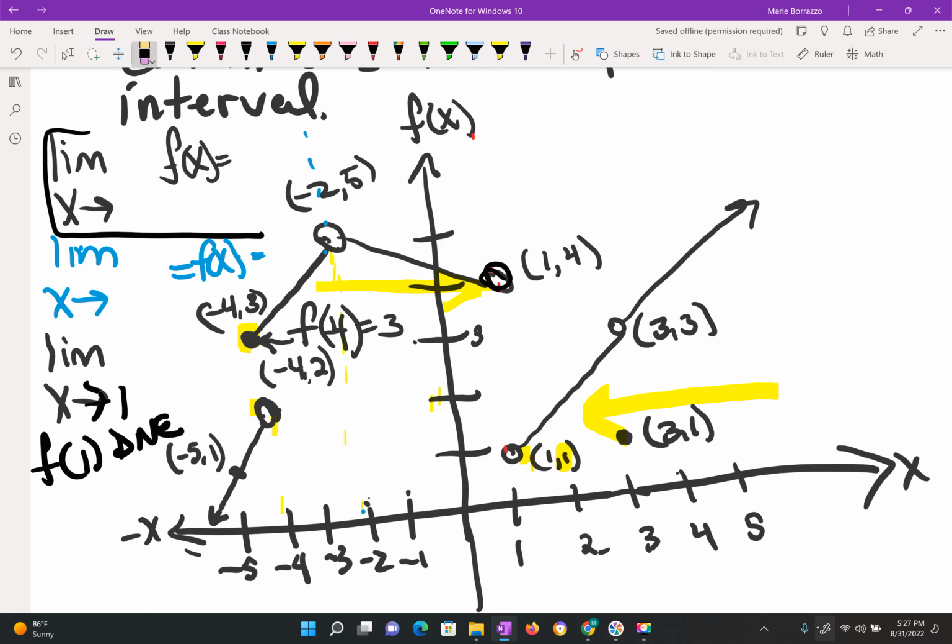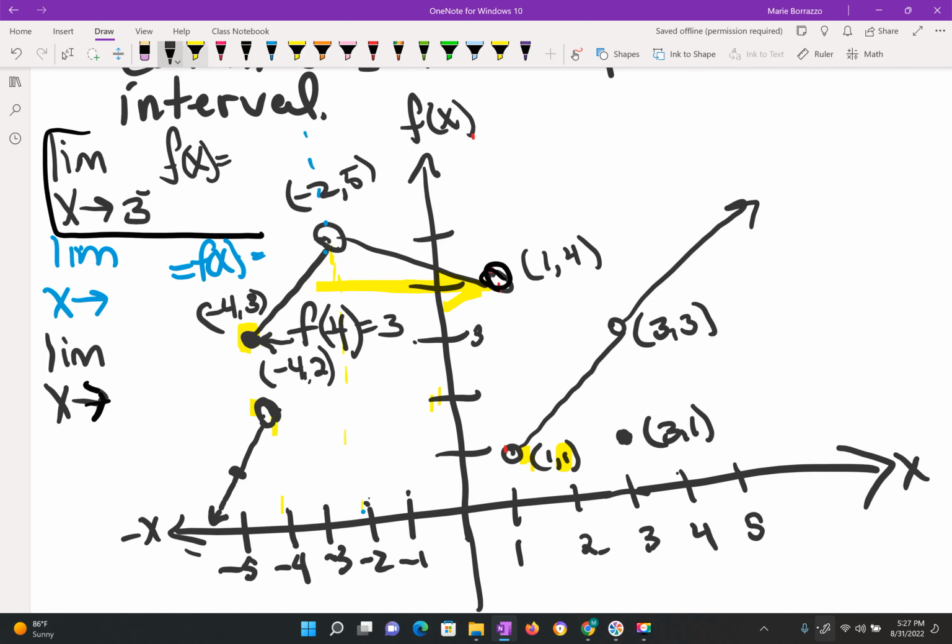Okay, so we're gonna look at 3. As x approaches 3 from the left, pay attention to the direction. If I'm approaching 3 from the left, where is 3?